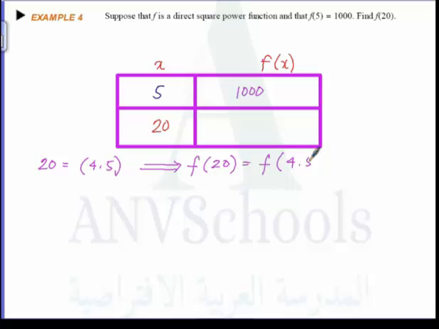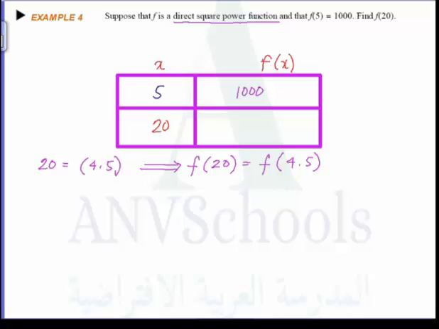Am I correct? Now this is a direct square variation, meaning that if you multiply the x by a certain constant, then the resulting f of x will be multiplied also by the square of that constant. For example, we multiply our x by 4.